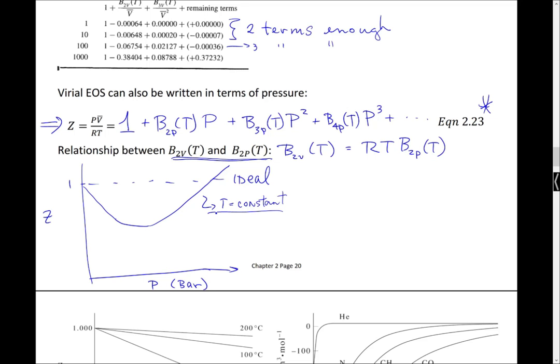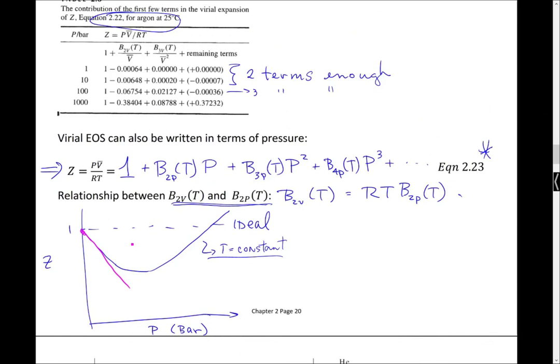We're not going to worry too much about the entire curve, but I just want to point out that if we're looking in the limit of low pressures, I can draw in a tangent there, and that tangent is doing a pretty good job at describing the compressibility factor at low pressures. Does that make sense? Okay.